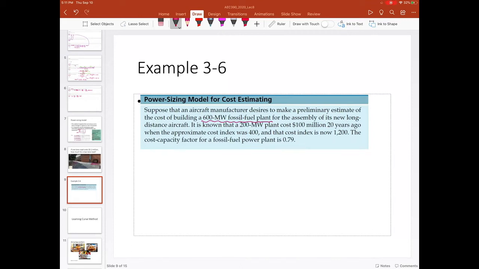And the size is 200 compared to the new plant whose size is 600, okay? And the cost of this smaller plant is 100 million, but the price is from 20 years ago, okay? Keep in mind the time stamp, it's 20 years ago.